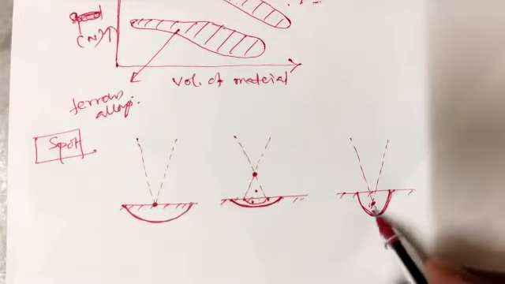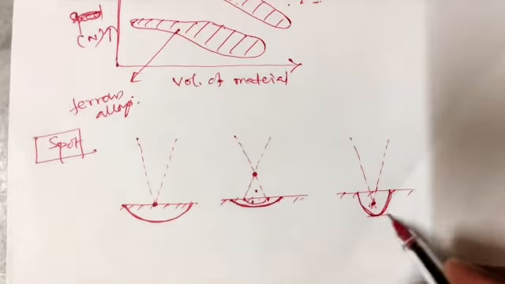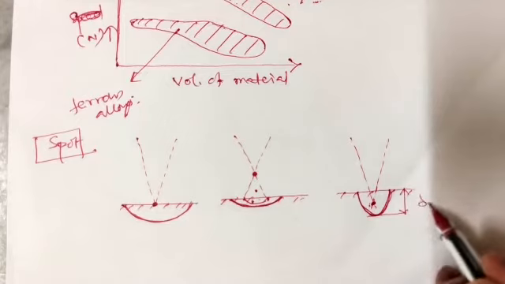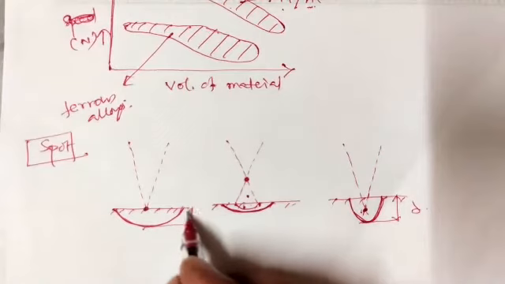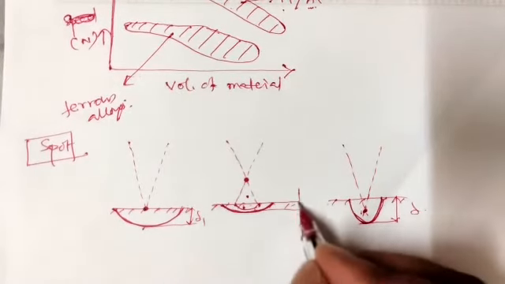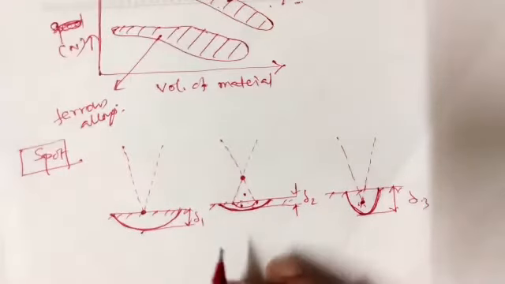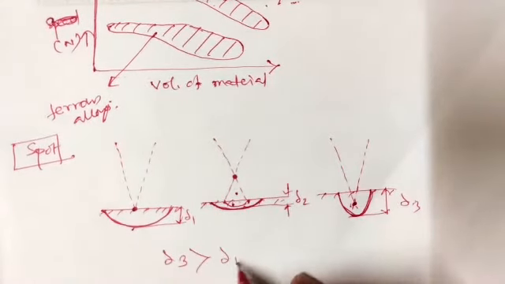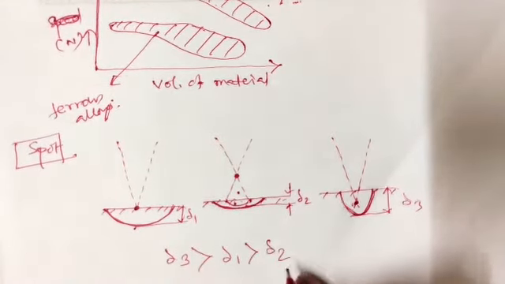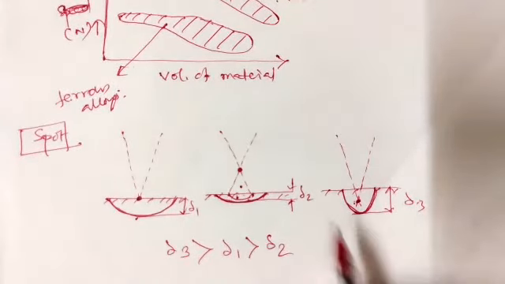You can see here the concentration is somewhere here. That is the reason why this delta will be more in this case. So this is delta 1, this is delta 2, and this is delta 3. You can see that delta 3 is greater than delta 1, which is even greater than delta 2. So as I said, different kinds of holes can be generated.